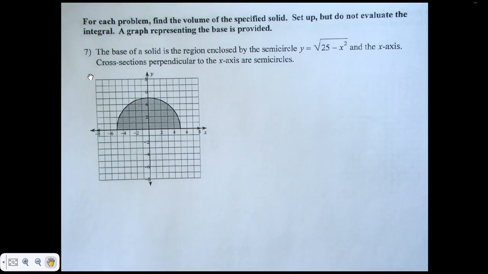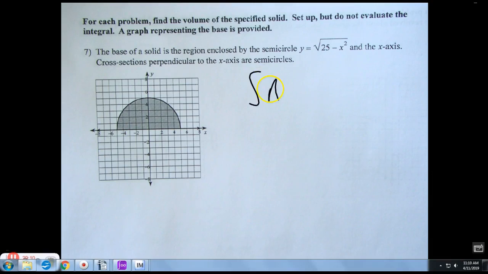So areas, revolutions, or cross-sections? Cross-sections. A cross-section is always going to be the integral of the area. Is this going to be dx or dy? For cross-sections, you look at the variable that they're telling you it's perpendicular to. If it's perpendicular to the x-axis, you're going to be doing dx.